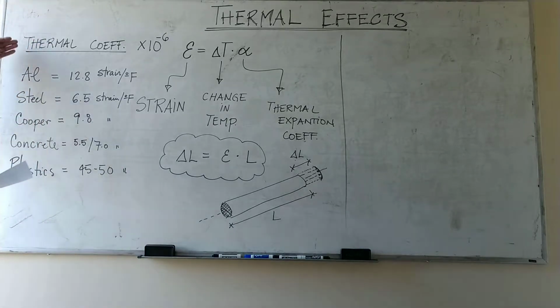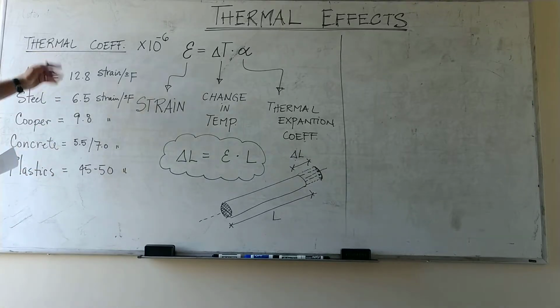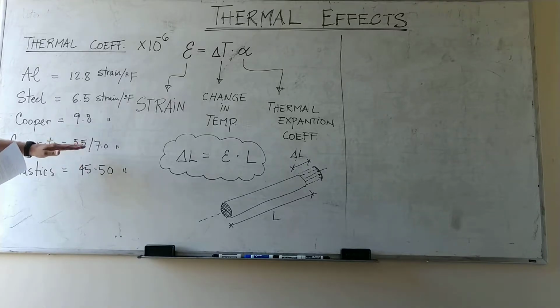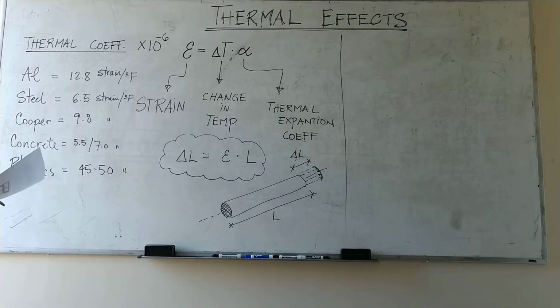Here are some values for different materials like aluminum, steel, copper, concrete, and plastics. These materials have different thermal expansion coefficients ranging from around 6 for concrete, a little bit higher for steel, all the way to about 50 for plastics.